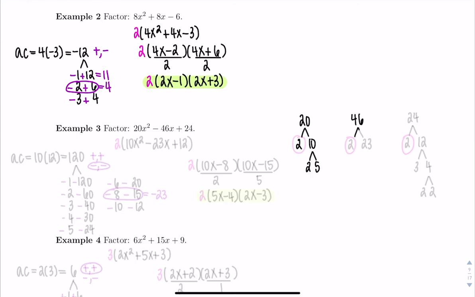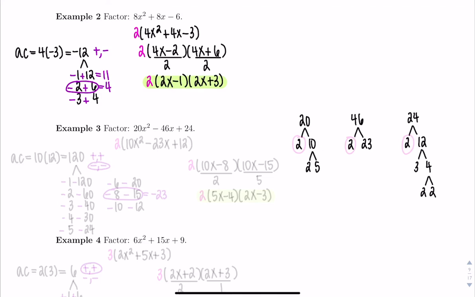Let's break down 46. That's 2 and 23. And we've got 24. So that's 2 and 12. And that's 3 and 4. And we got 2 and 2.